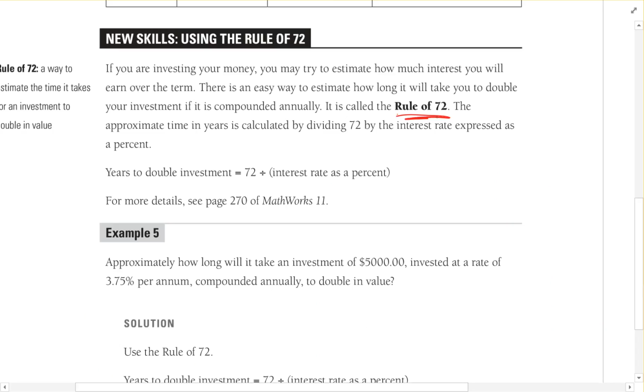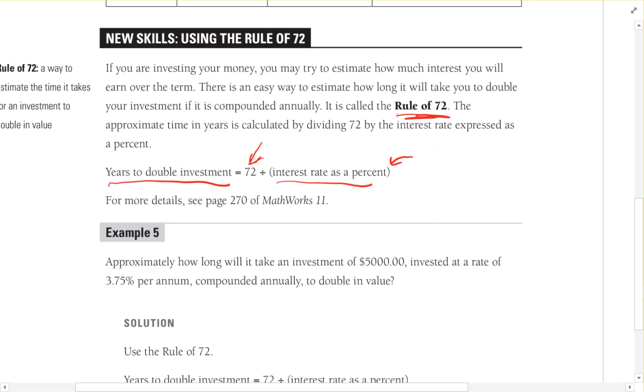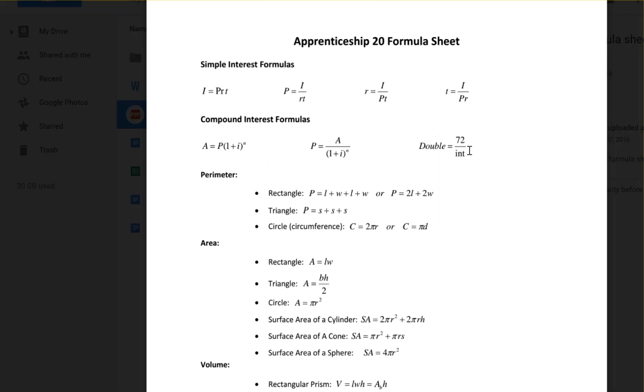One thing to note is that the rule of 72 is just an estimate. It's not going to give you an exact rate, but it's approximate. So here's what it is. The years to double your investment is always going to be 72 divided by the interest rate, not as a decimal, but as a percentage. You have this rule of 72 also on your formula sheet.